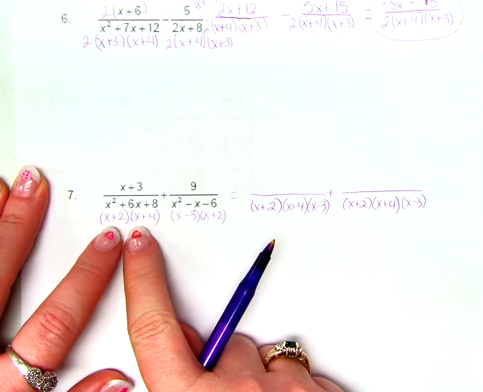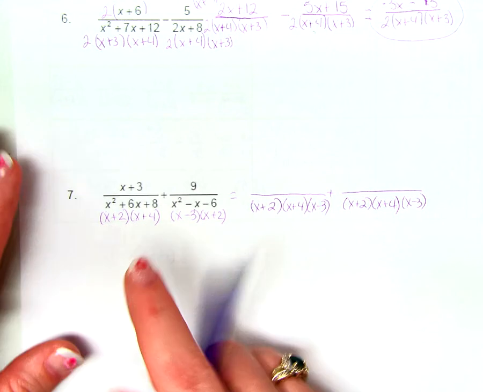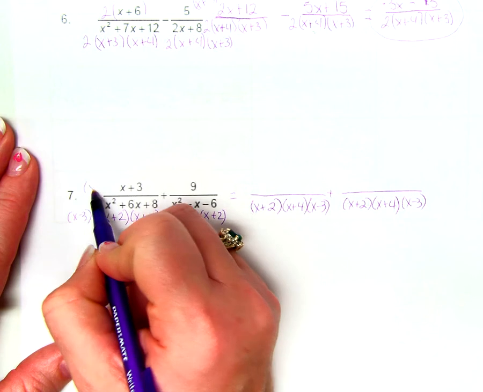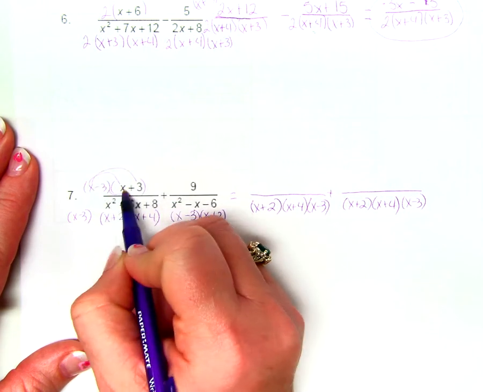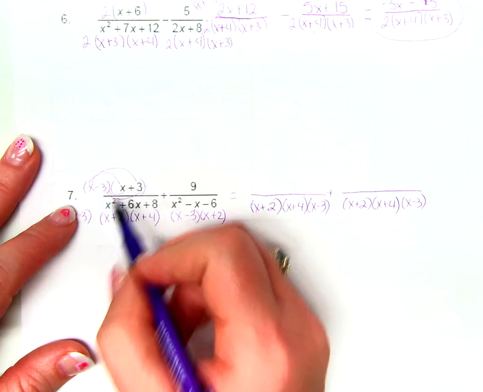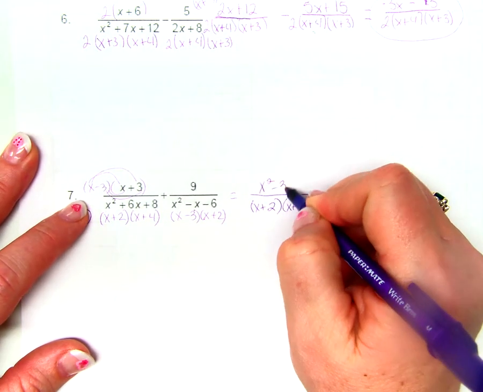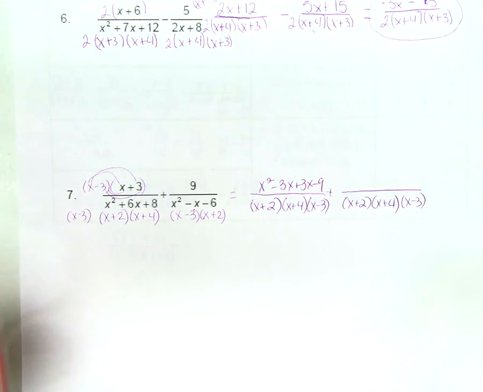So what's the first fraction missing in its denominator? X minus 3, right? So if I multiply the numerator by x minus 3, oh, please remember to do this, right? Please remember to distribute. Right?